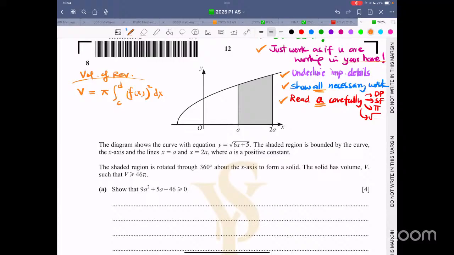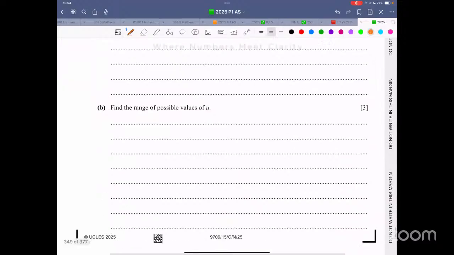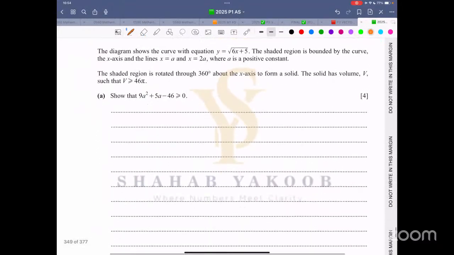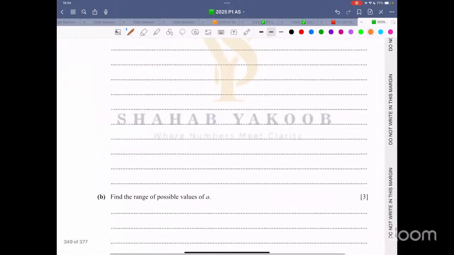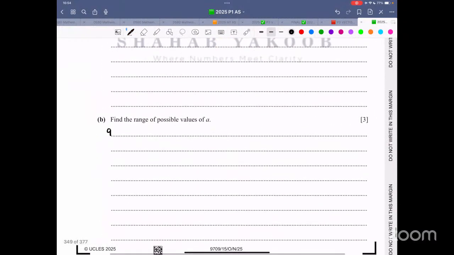The solid volume is such that volume is greater than or equal to 46 pi. Show that. Find the range of possible values. So the range I can do before that. That is easy. 9a square plus 5a minus 46 is greater than or equal to 0. It's just amazing how they have taken a question of volume and related it with quadratics. So 9 into 46, how much is that? 9 into 46 is 414.